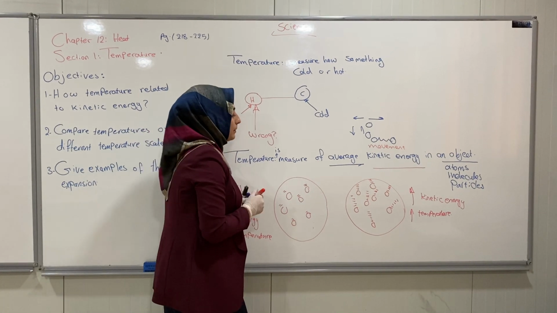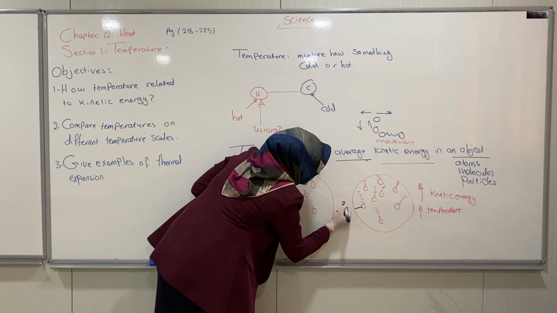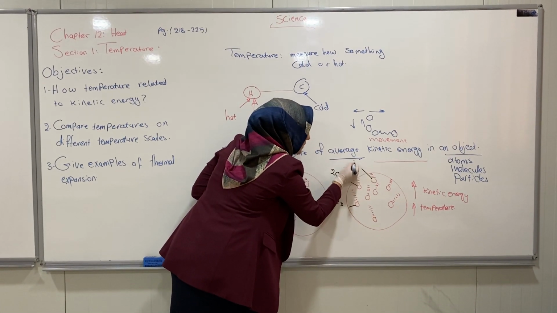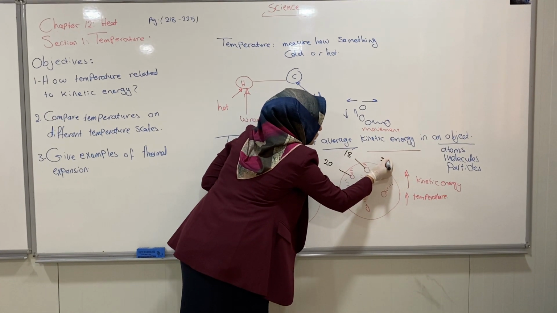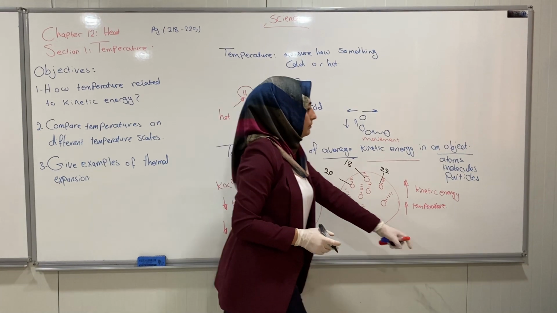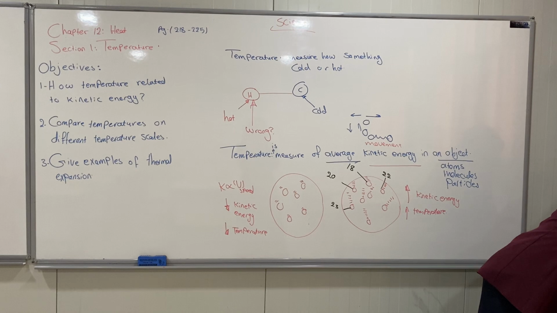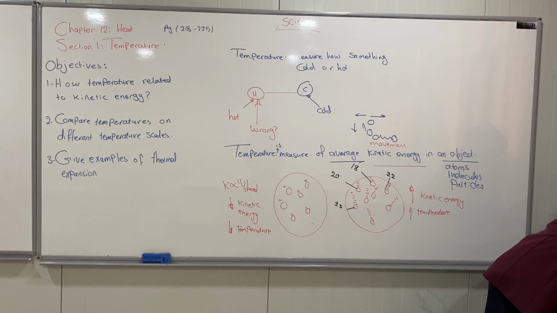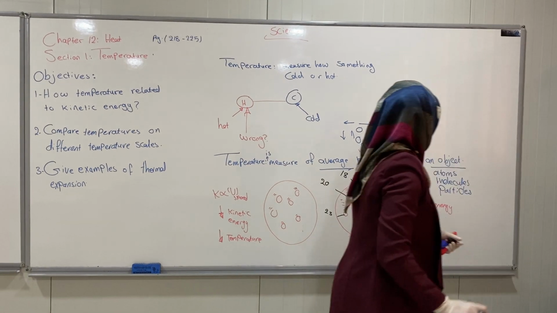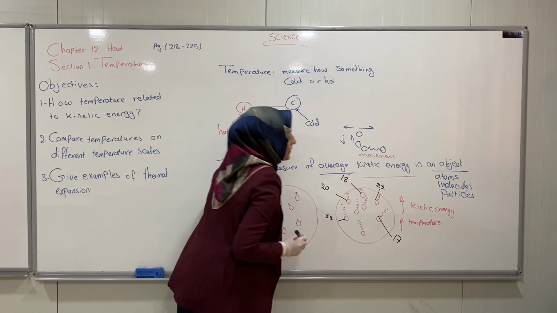So for example, the kinetic energy of this molecule is 23. This one, 20. This one, 18. This one, 22. And this one, 17.